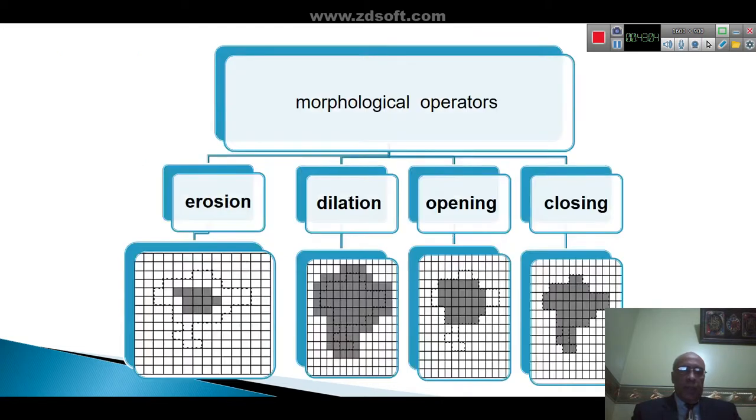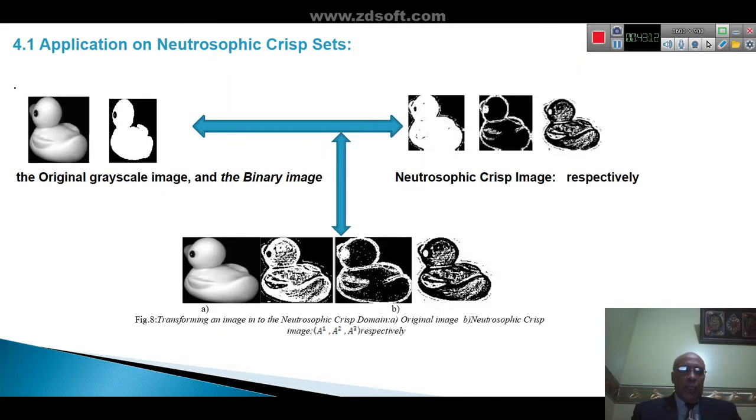The operators in neutrosophic mathematical morphology apply on the neutrosophic crisp set when changing the original grayscale image and converting it into 3 neutrosophic crisp images A1, A2, A3.